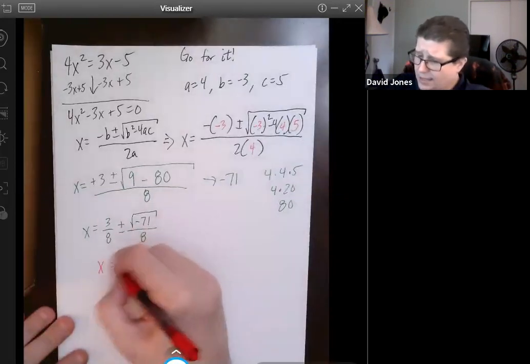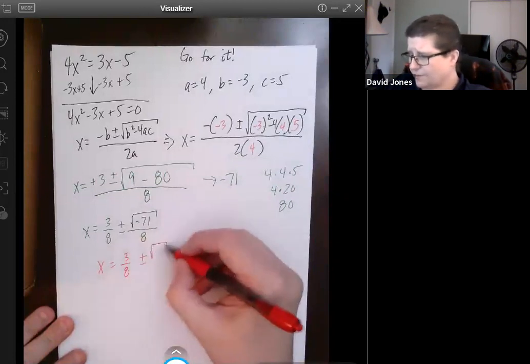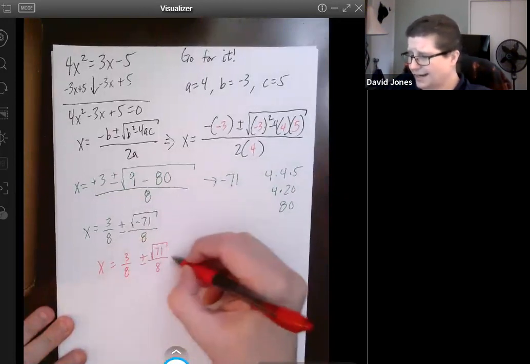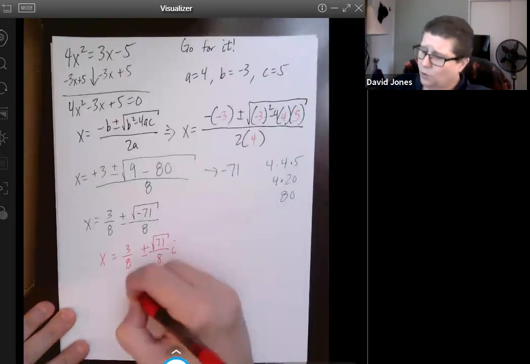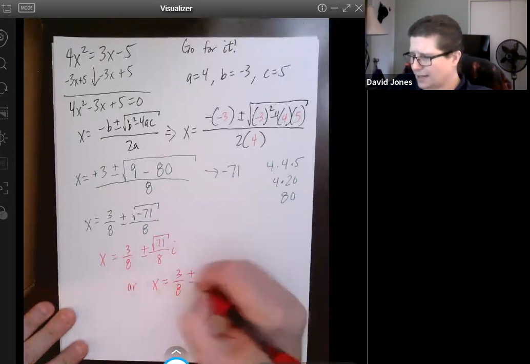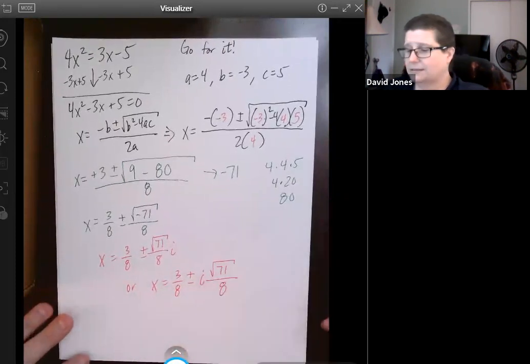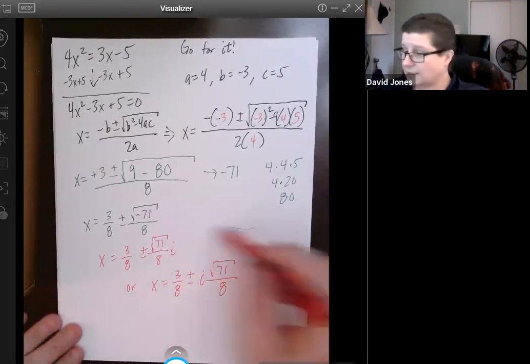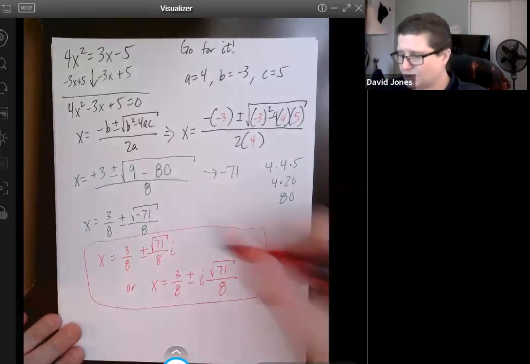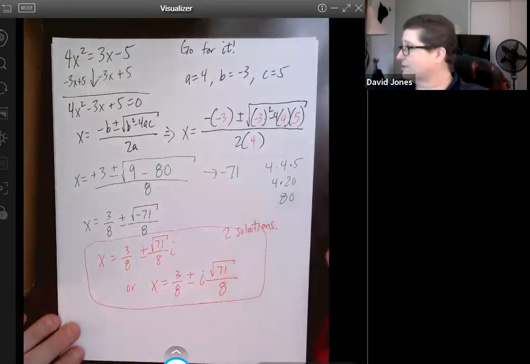X equals 3/8 plus or minus square root of 71 over 8i. Or we could have x equals 3/8 plus or minus i square root of 71 over 8. Either one works. And remember, each of these is 2 solutions. The plus or minus, you break up into 2 values.